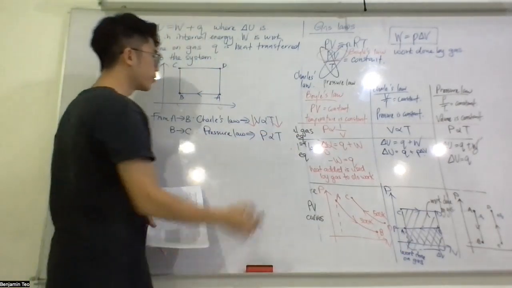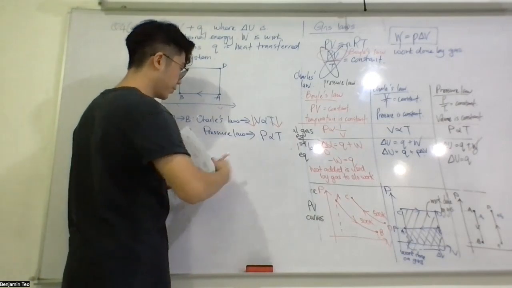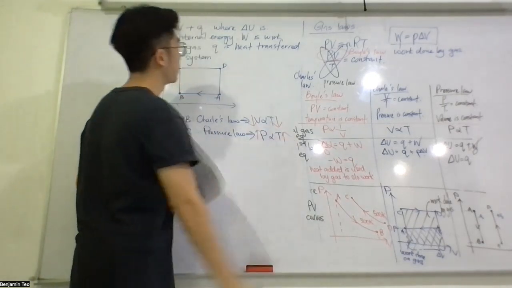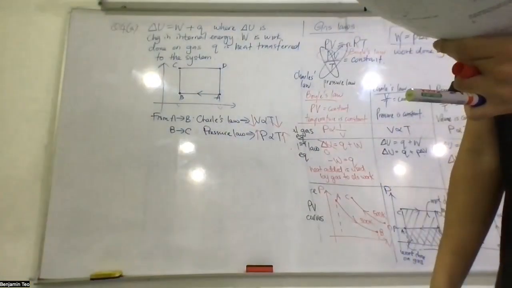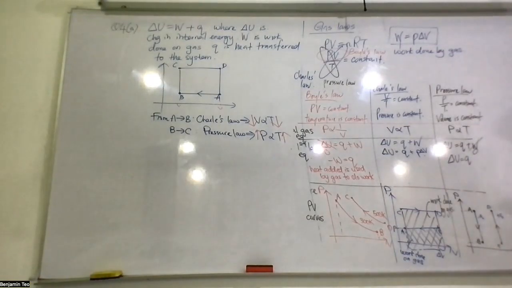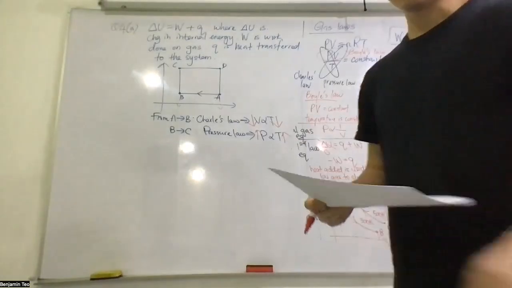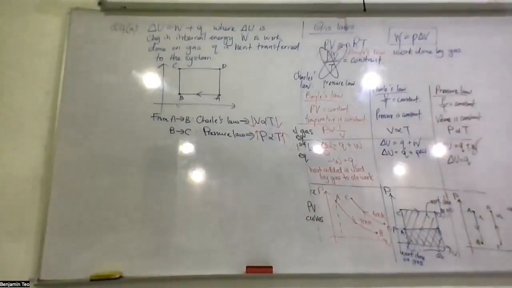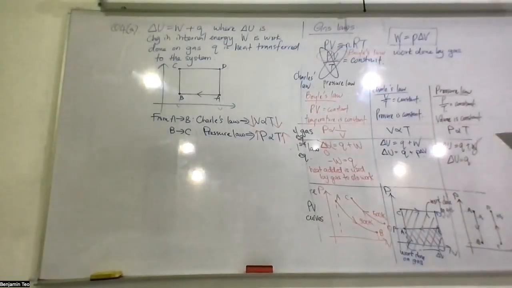So you see pressure increases, temperature also increases. Temperature is proportional to internal energy, so internal energy must increase. Tick increase. And the work done is 0 work done.